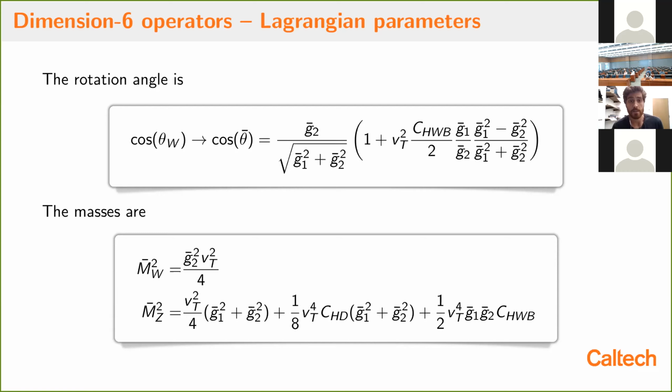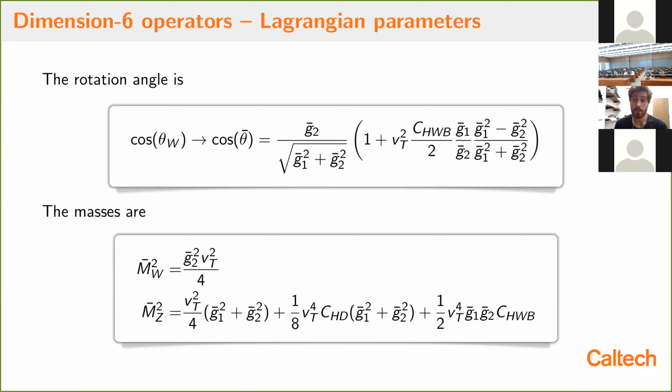But on top of that, these rotation angles, which in the standard model was just a simple ratio of gauge couplings, now you get this additional term from the CHWB operator. And as a consequence, the masses of the gauge fields also change, now with bars, just to indicate that they're in the standard model EFT and not just the standard model values.